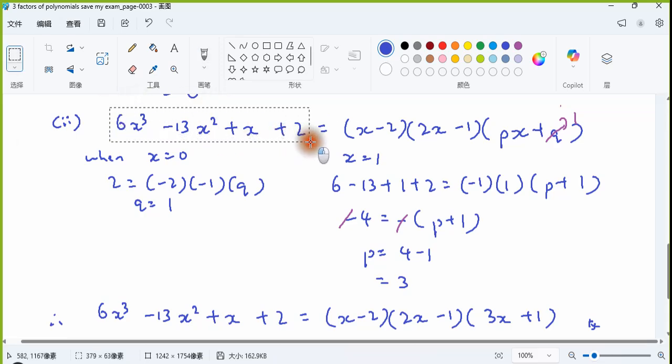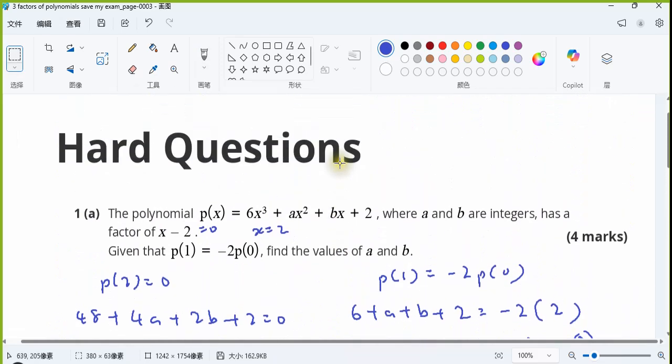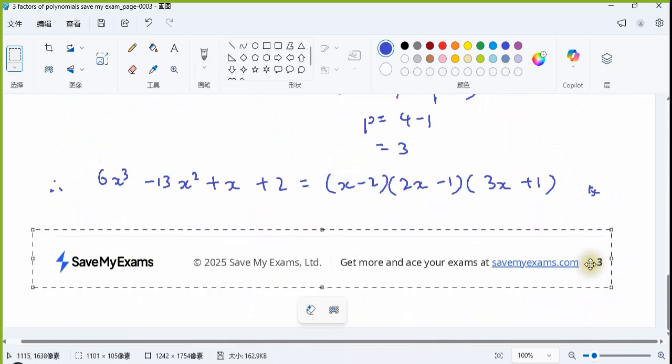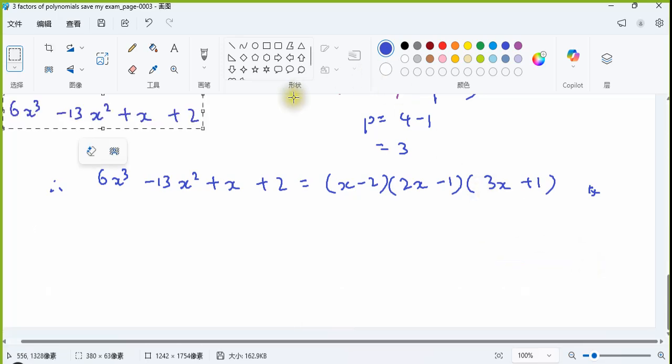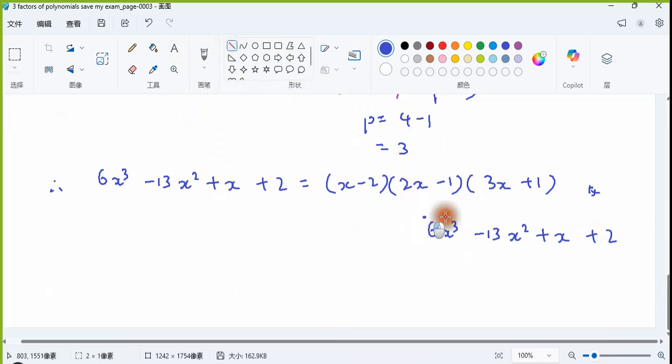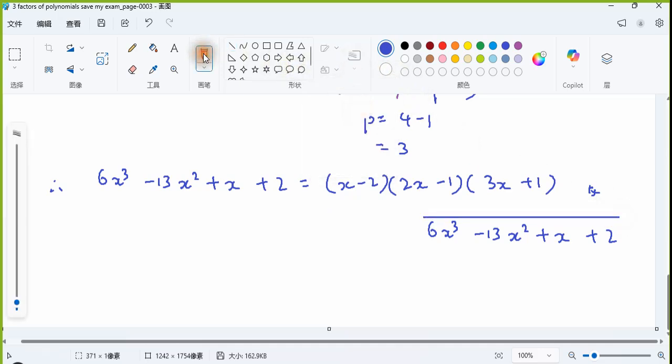So actually we can do it another way, that we do the long division, by x minus 2. Then we have 6x squared, 6x cubed minus 12x squared.